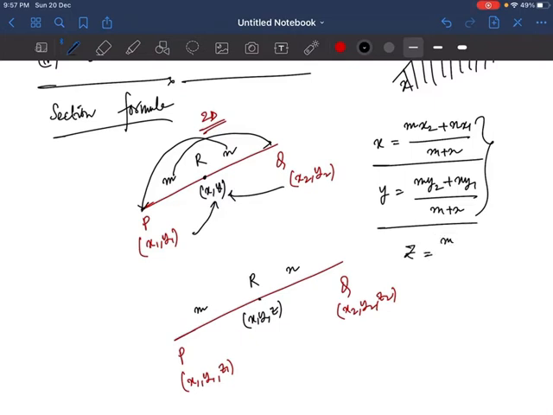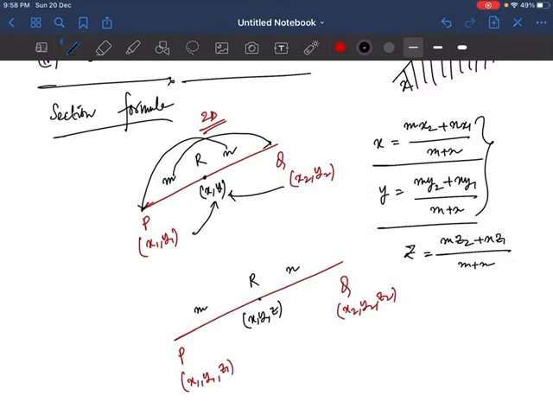So z will be mz2 plus nz1 divided by m plus n. This is how we use the section formula in finding the coordinates of the point which divides the line in the ratio m is to n.